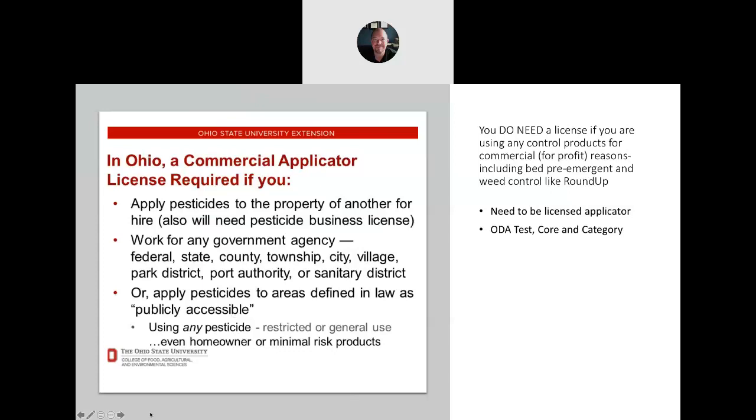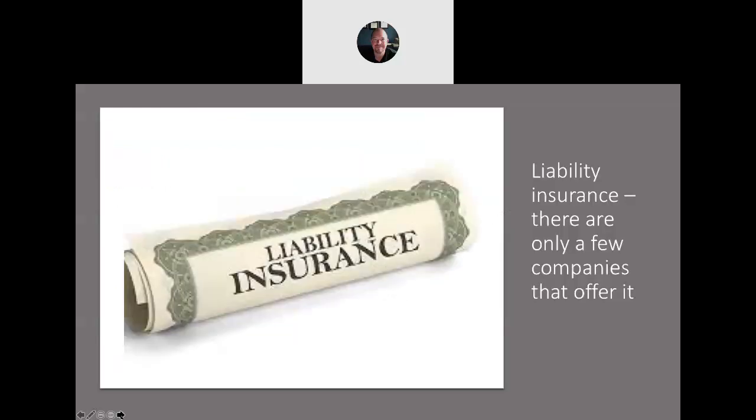But if you're doing it either for commercial or for profit reasons as a service, you do need a license even for those things. So liability insurance, this is going to be a requirement for you to have an applicator license. It's not if you're an operator operating under somebody else's license, like a business license. But if you are the actual licensed applicator, you are going to need liability insurance.